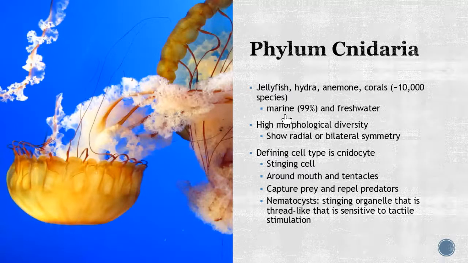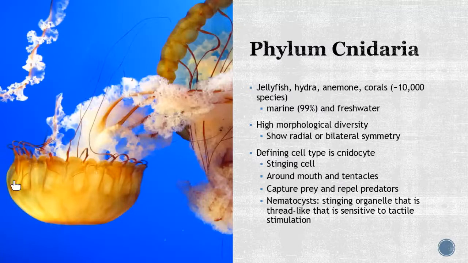Now you're going to find most of these in marine environments, but some do survive in freshwater. There's a lot of diversity when it comes to the morphology right here, and you're going to see some with radial and some with bilateral symmetry. The key thing when you think about these guys is they're going to have the cnidocyte, which is a stinging cell, located around their mouth and their tentacles.